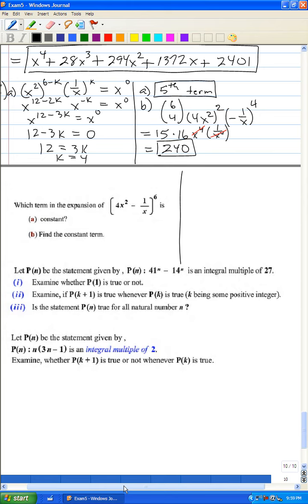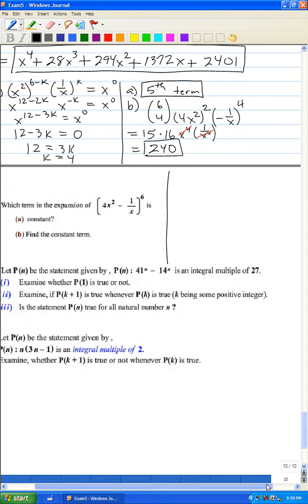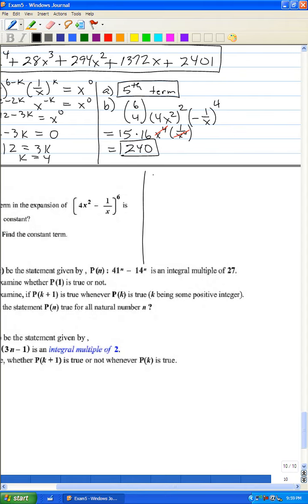Okay, so let's do that. And so I guess I'm going to have to use induction. So I'm going to have to prove this by induction. So let's do the initial case. So let's try to show that this statement is true when n is 1.